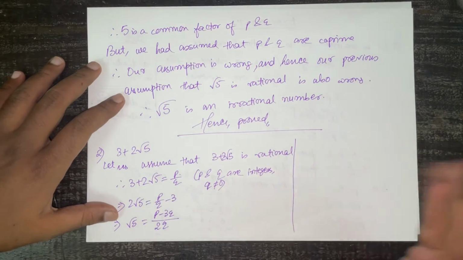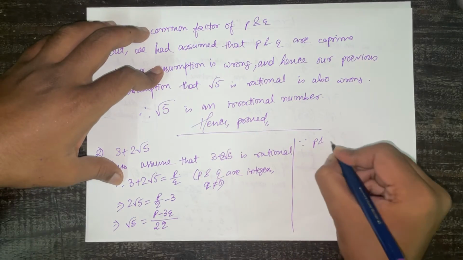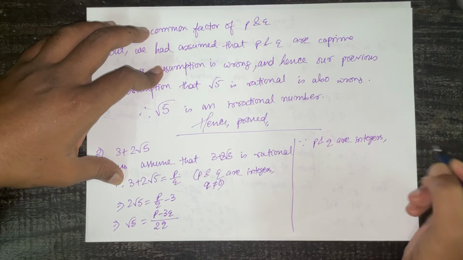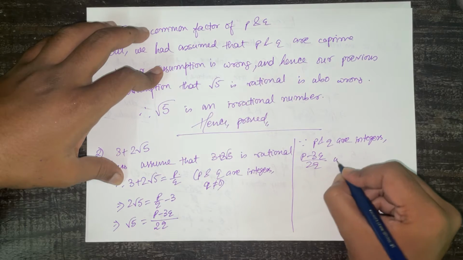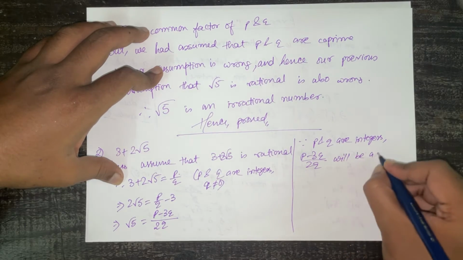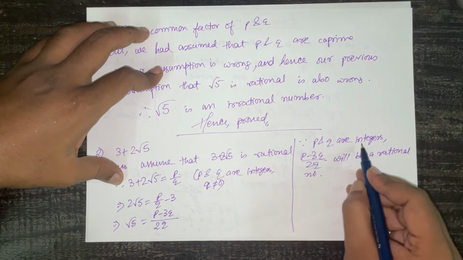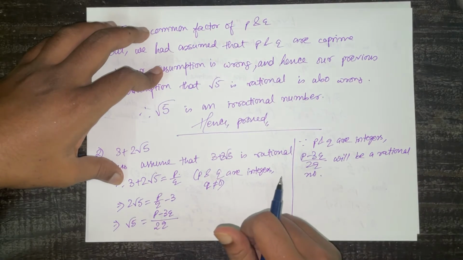From here, since p and q are integers, p minus 3q by 2q will be a rational number.